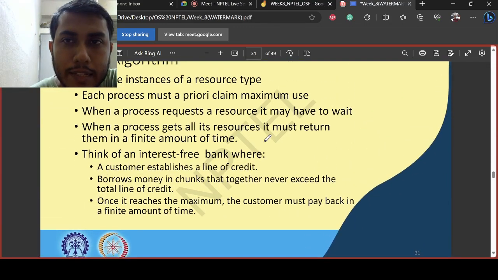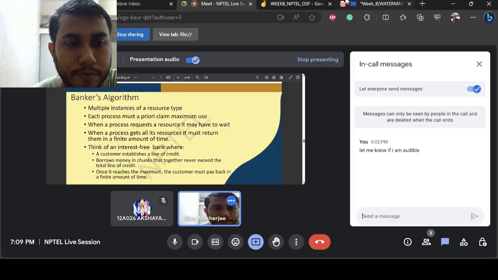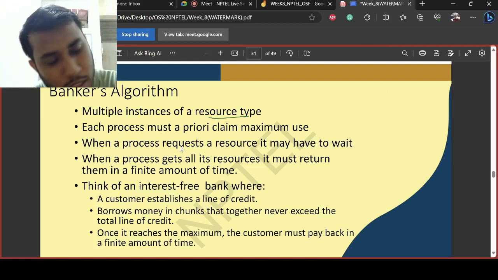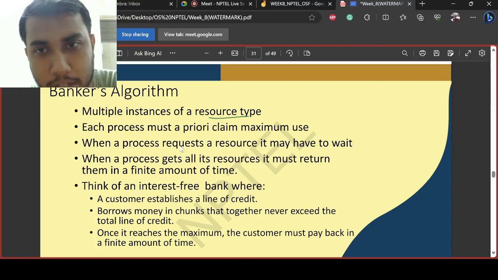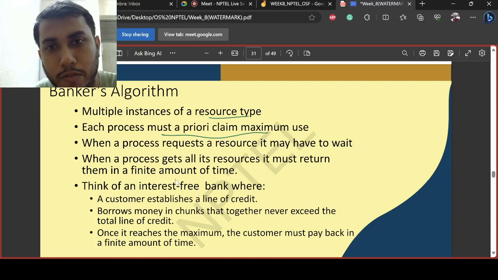Now let's come to the Banker's algorithm to solve this deadlock avoidance problem. In the Banker's algorithm, you have multiple instances of a resource type. A process must have an a priori claim of maximum use. When a process requests a resource, it may have to wait. If a process gets all its resources, it must return them in a finite amount of time.